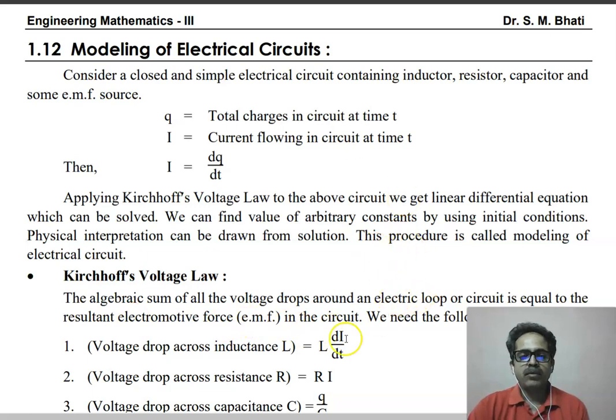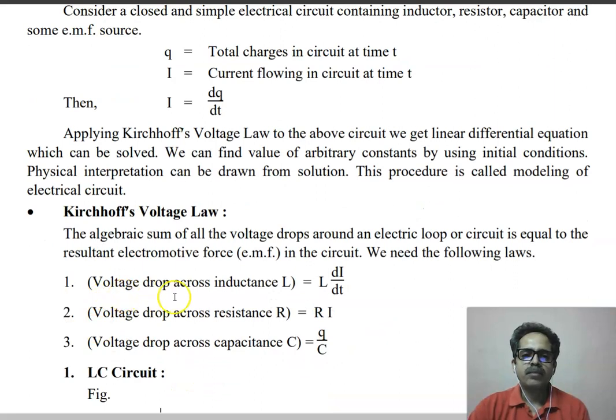We need the following laws. First law is voltage drop across inductance L, capital L, is L di by dt. Voltage drop across resistance R is Ri. Voltage drop across capacitance C is Q over C.